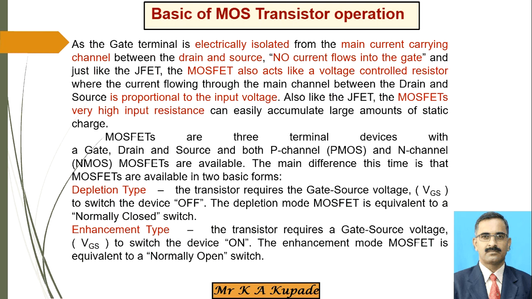That means whenever you are using a MOSFET in an application and you want to switch it off, you have to apply a gate to source voltage so that the gate region is reverse biased. Due to that, the depletion region, which we discussed in previous lectures, becomes wider, and the channel carrying the current gets closed due to the complete widening. That is the thing. The depletion mode MOSFET is equivalent to a normally closed switch, which is then switched off.